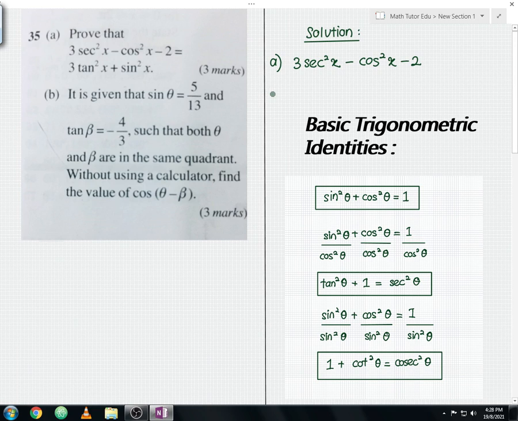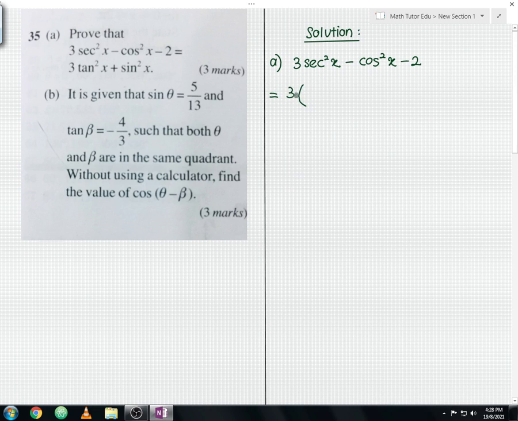So from here, 3 in a bracket tangent square x plus 1 close bracket minus cos square x minus 2. From here this 3 we're going to times in the bracket. So you get 3 tangent square x plus 3 minus cos square x minus 2.